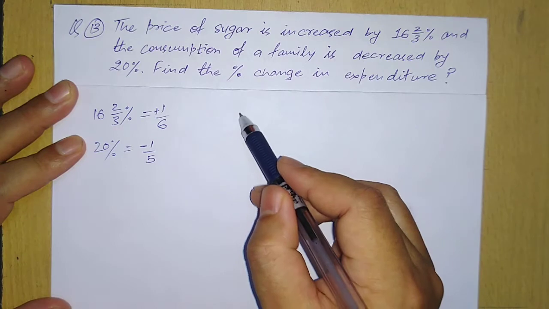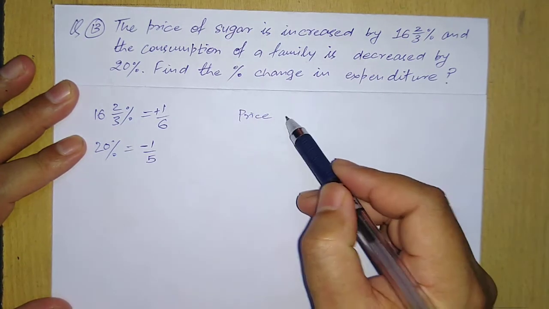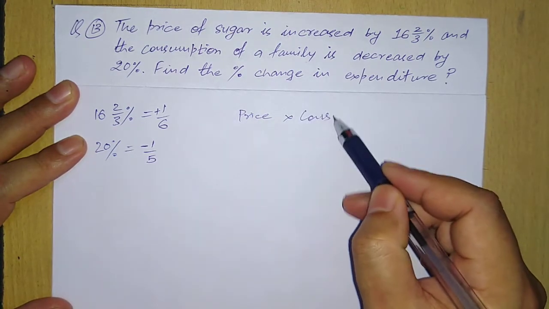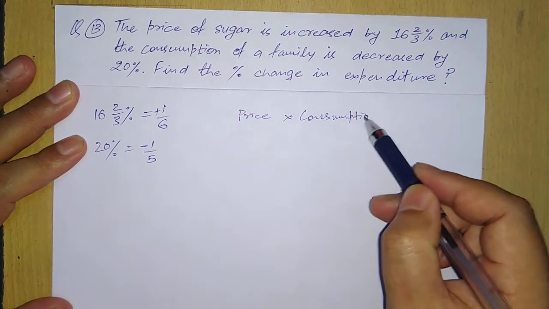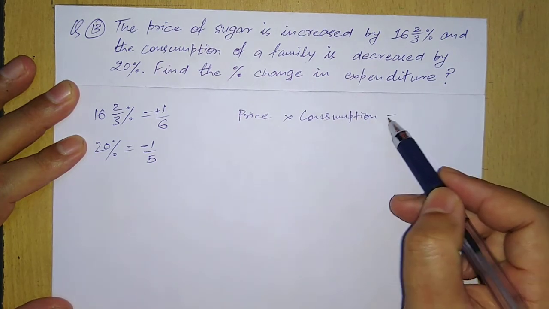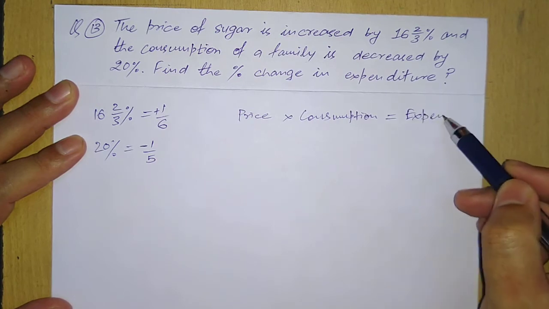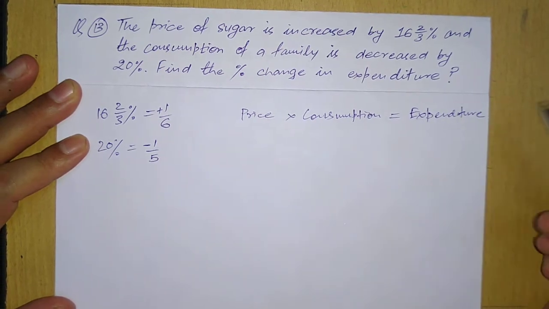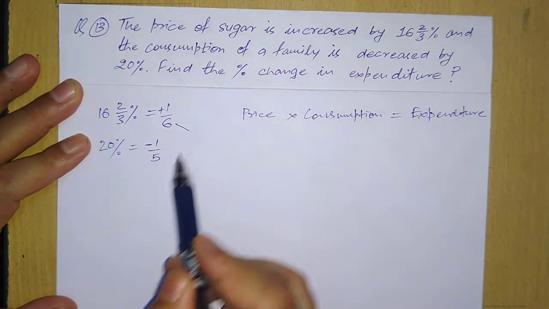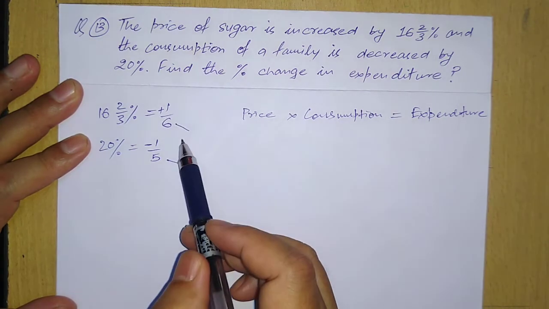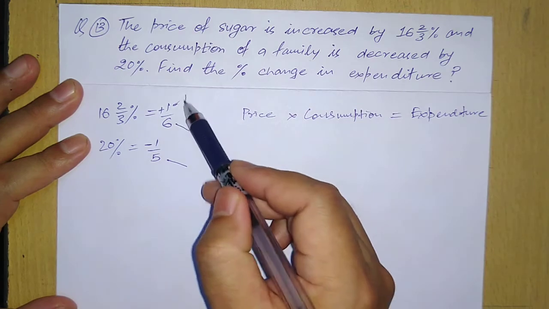Now we know that price into consumption will give us our expenditure. Now this is original and this is the result.